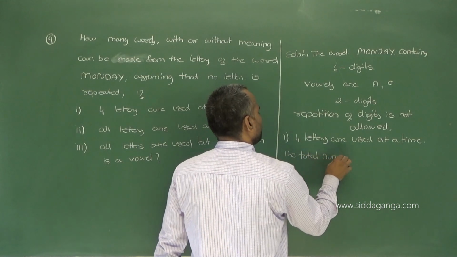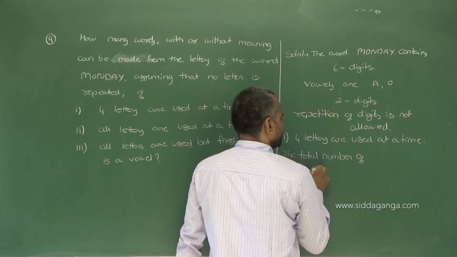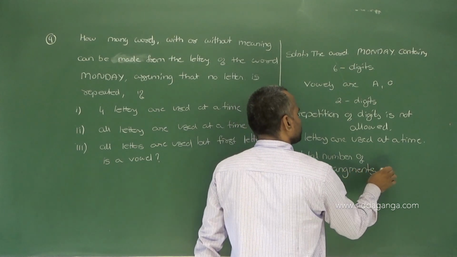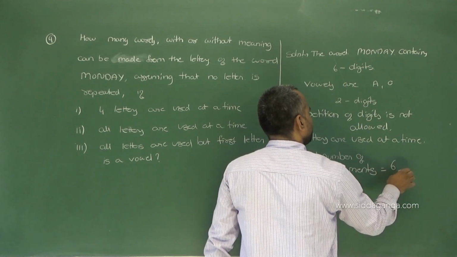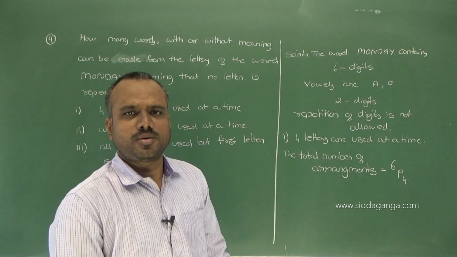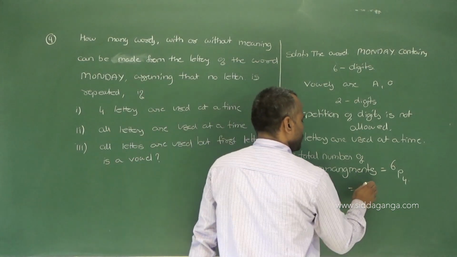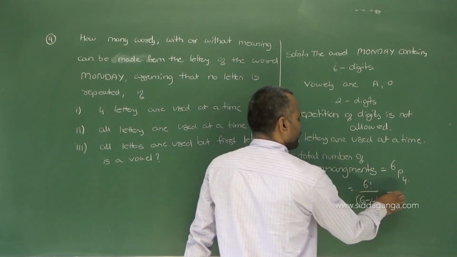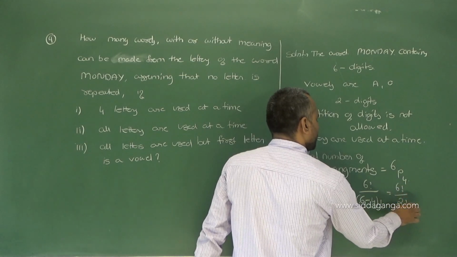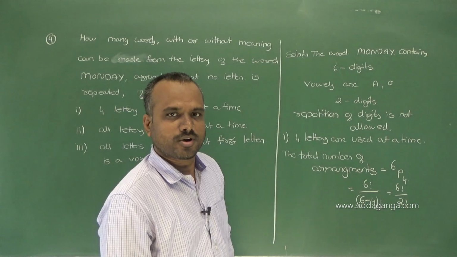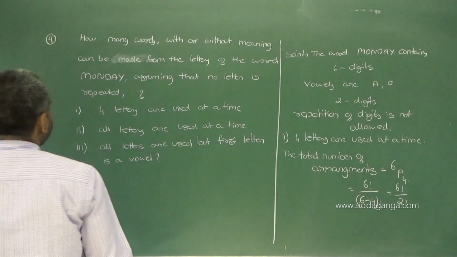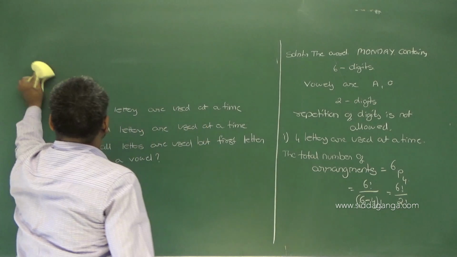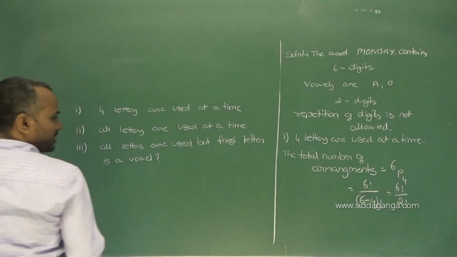The total number of arrangements is equal to 6P4, that is 6 factorial divided by (6 minus 4) factorial, which is 6 factorial divided by 2 factorial.